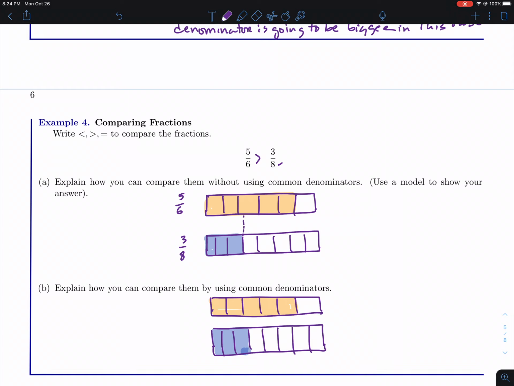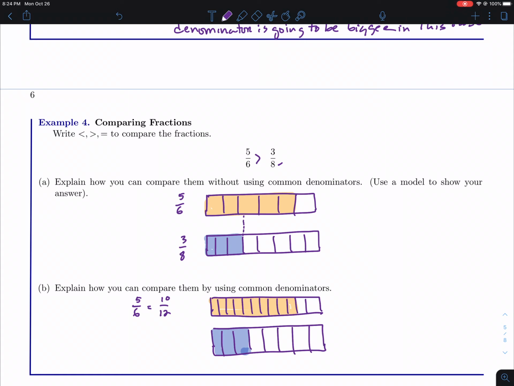So for example, with this 5/6, I could take this and break it up that way. And so now instead of 5/6, I've got 1, 2, 3, 4, 5, 6, 7, 8, 9, 10 colored in, and then 1, 2, 3, 4, 5, 6, 7, 8, 9, 10, 11, 12 on the bottom.